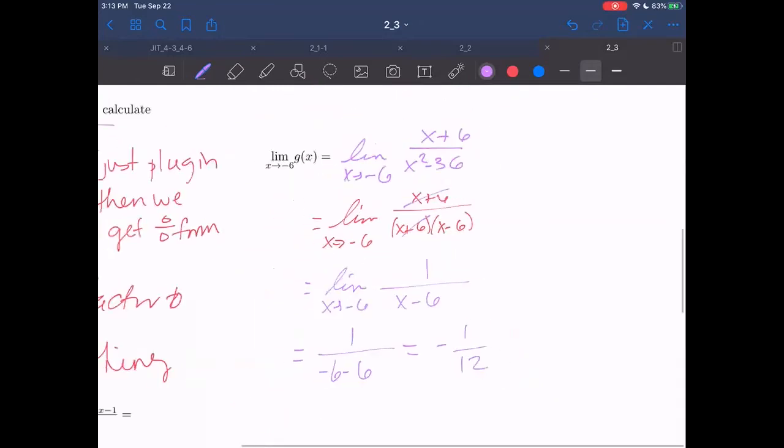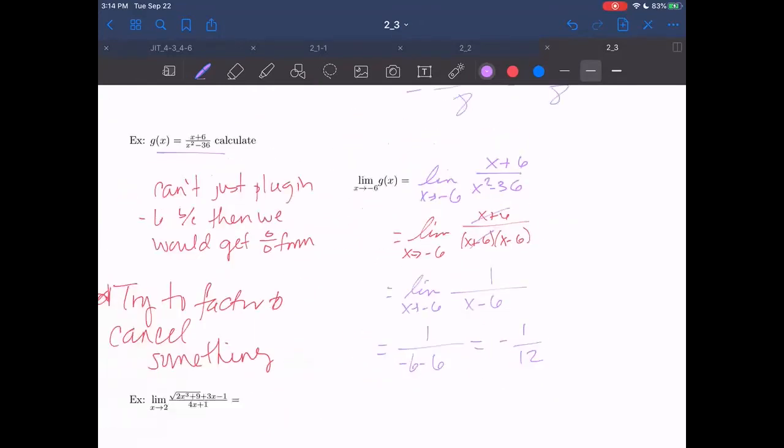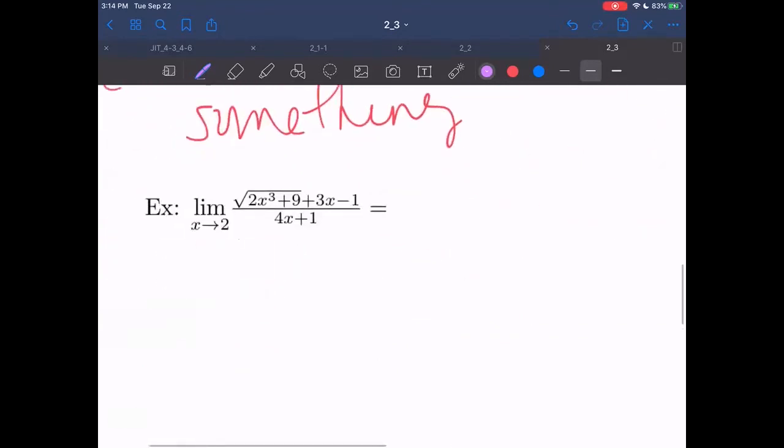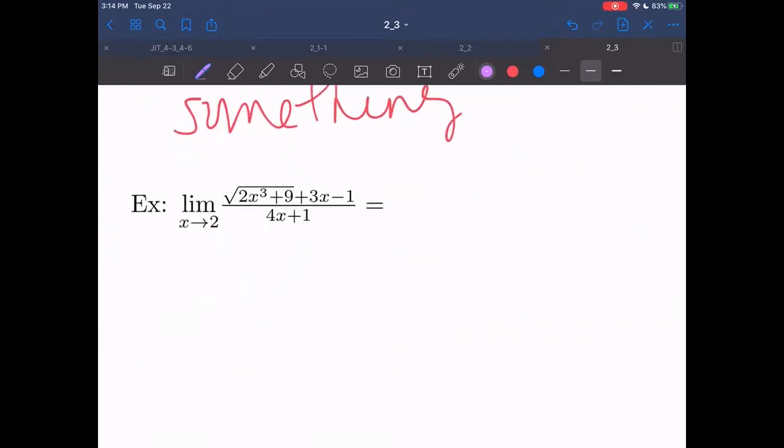Okay, so if you can't immediately plug something in, you might have to do a little manipulation in order to be able to plug it in. And one way you'll do that is factoring, and there's another way we'll do that in just a few examples. But first we'll do this example. So let's say we've got this.